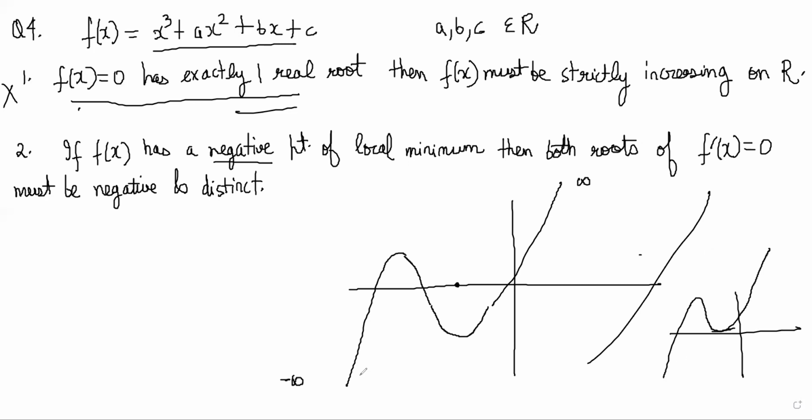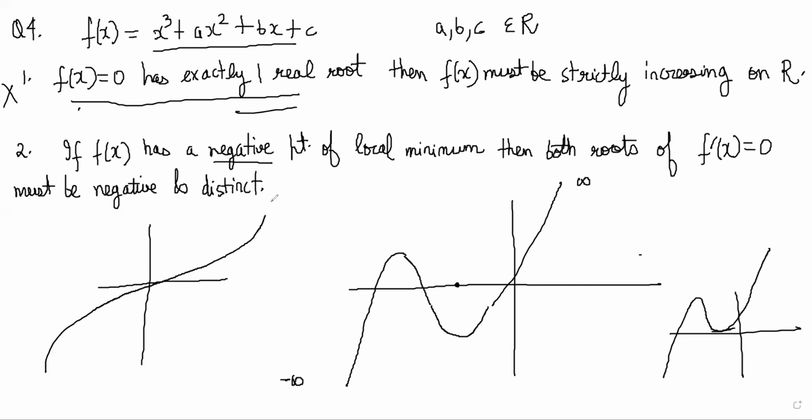Cubic functions can be like that, by the way, where they're just increasing throughout. For example, f(x) = x cubed is constantly increasing throughout. So cubic functions will have either one real root or three real roots.